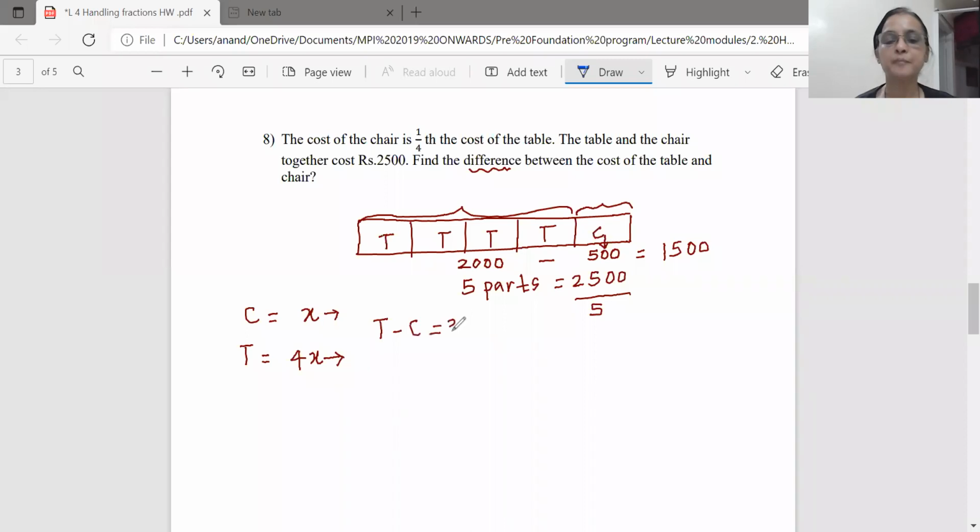I want a difference in the cost of table and chair, which is 3x. And I know that x is 500. So 3x will be 3 into 500, that is 1,500. So you can do the question by this visual method, by drawing figures, or you can do it by x also.